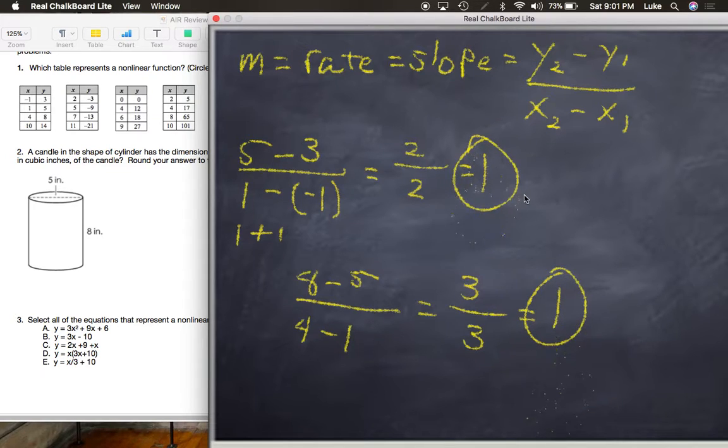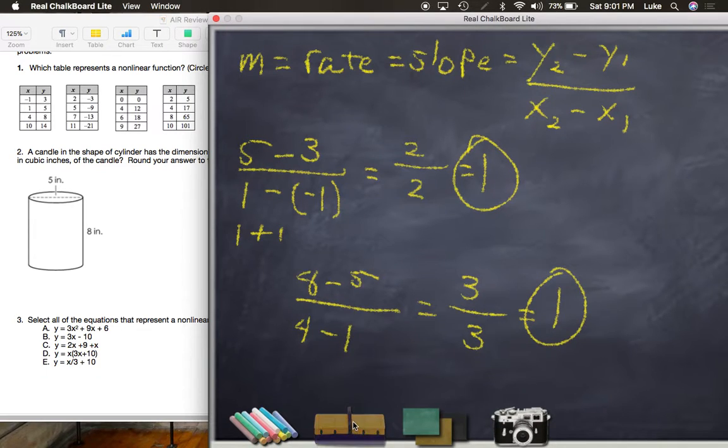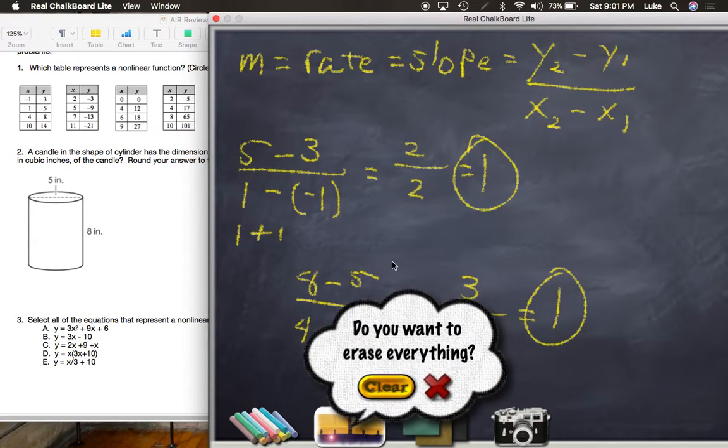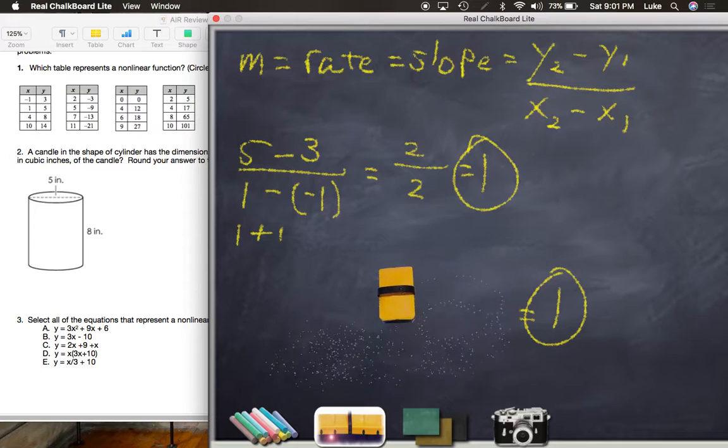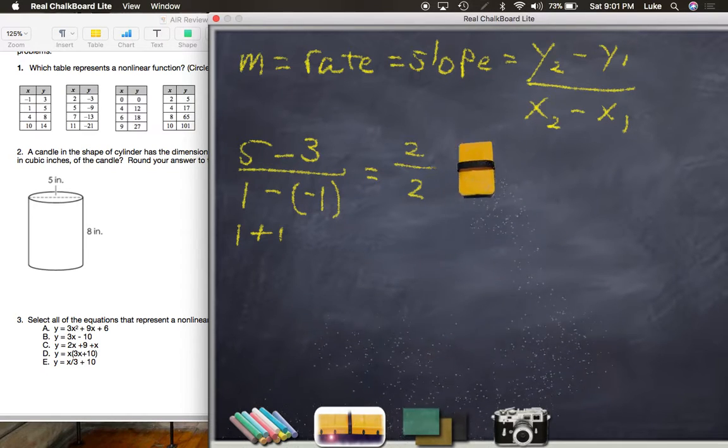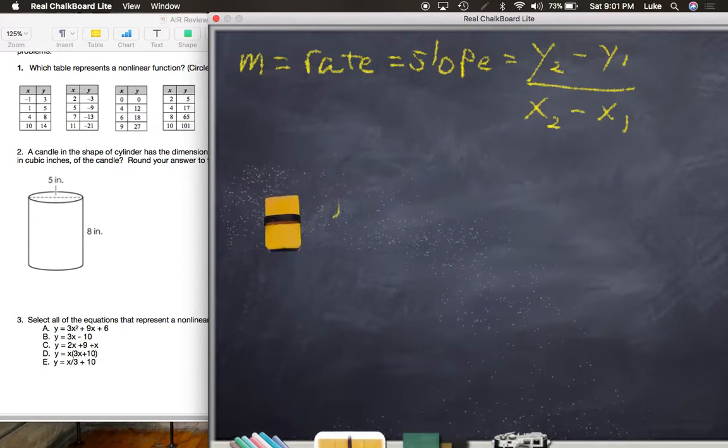And now we can see, since our rate is the same in here, if you want to go ahead and do 14 minus 8 and check that, I promise you it will come out again as a slope of 1. So this table is good. It is a straight line. It is a linear function, so we don't have to circle that one. It is not nonlinear.